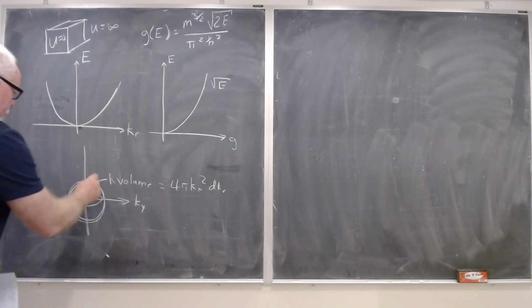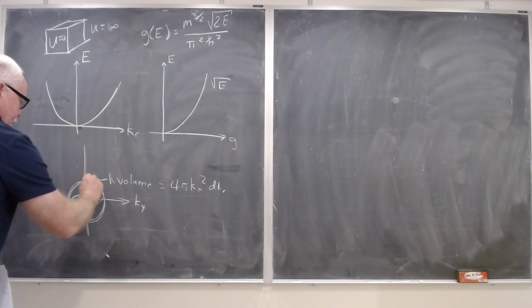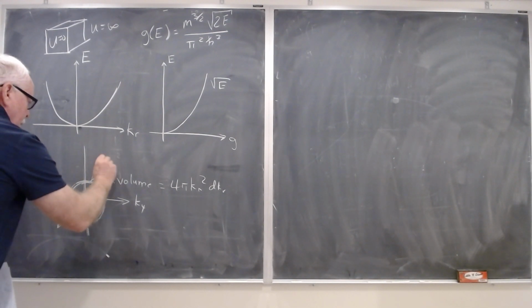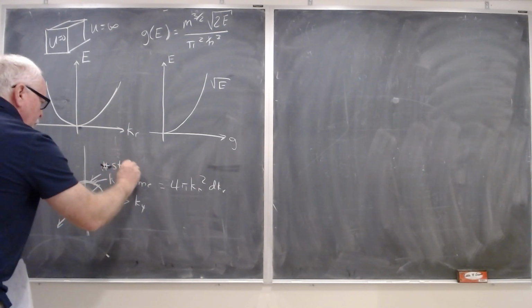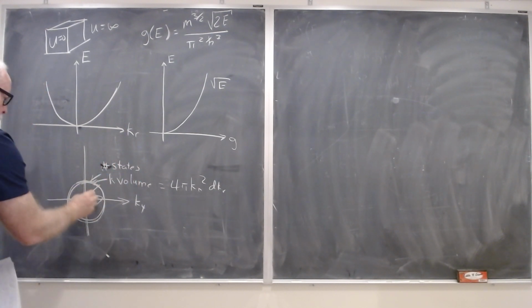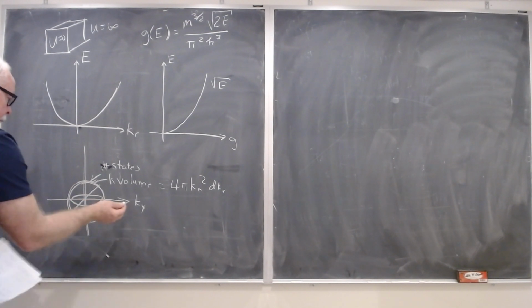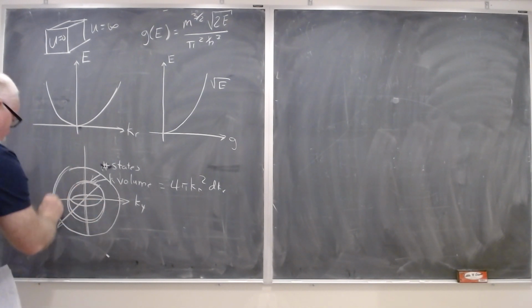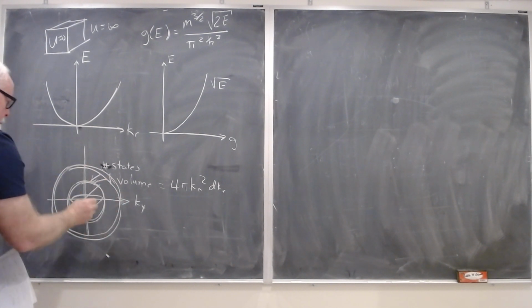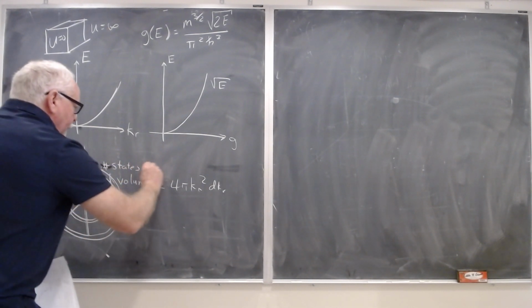And so basically the number of states in the shell go up as the square root of E.